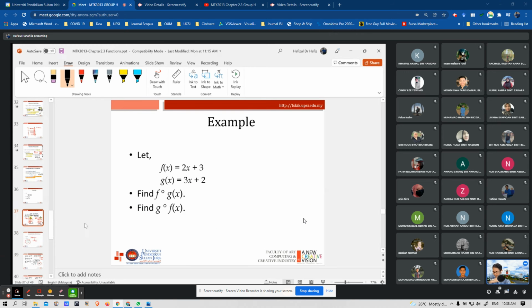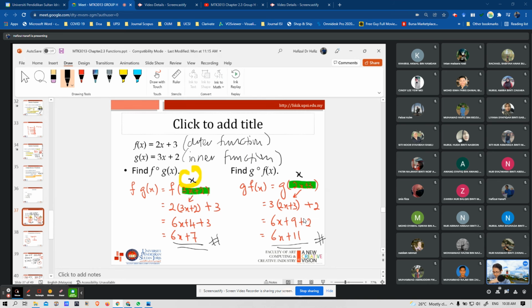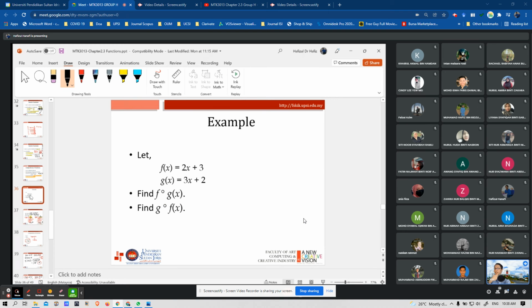This one is an example of the composition. You have f(x) is 2x plus 3 and g(x) is 3x plus 2, and then find the composition of f with g(x) and the composition of g with f(x).